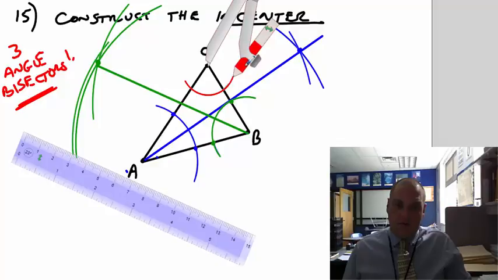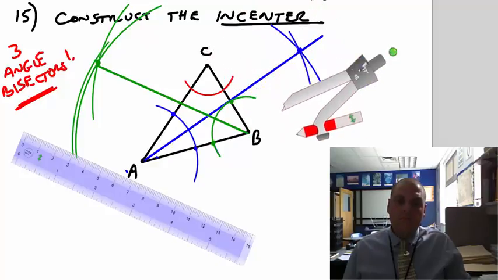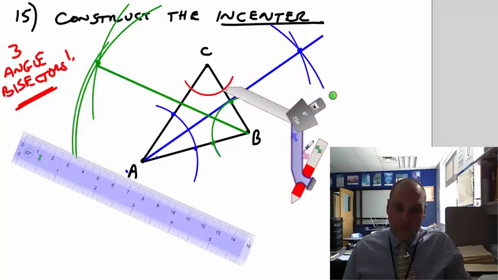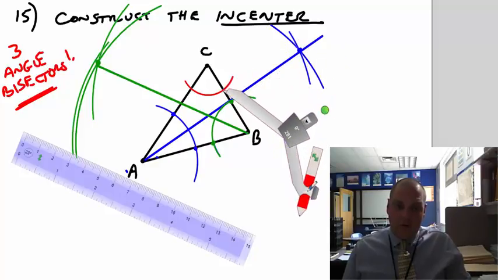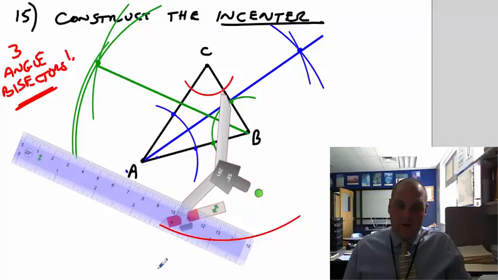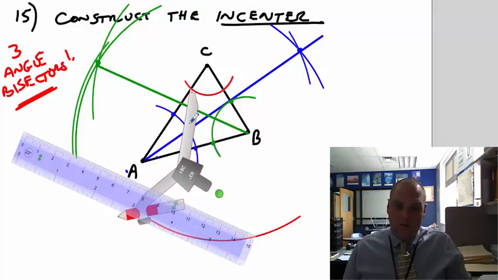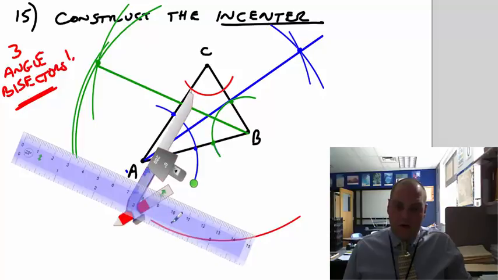There's our arc there. We're going to go to that point and open it up, go outside the triangle. We're going to do an arc down here, and then go to the other point and do an arc.